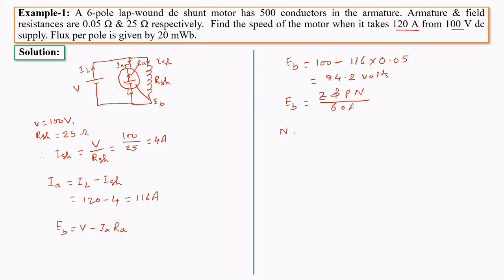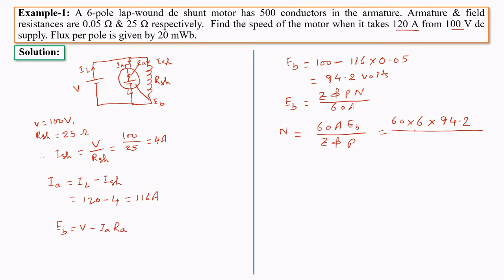So from there we can write N is equal to 60A into EB by Z phi P. Here it is 6-pole lap connected, therefore the value of A will be equal to 6. The back EMF we have calculated is 94.2 volt.